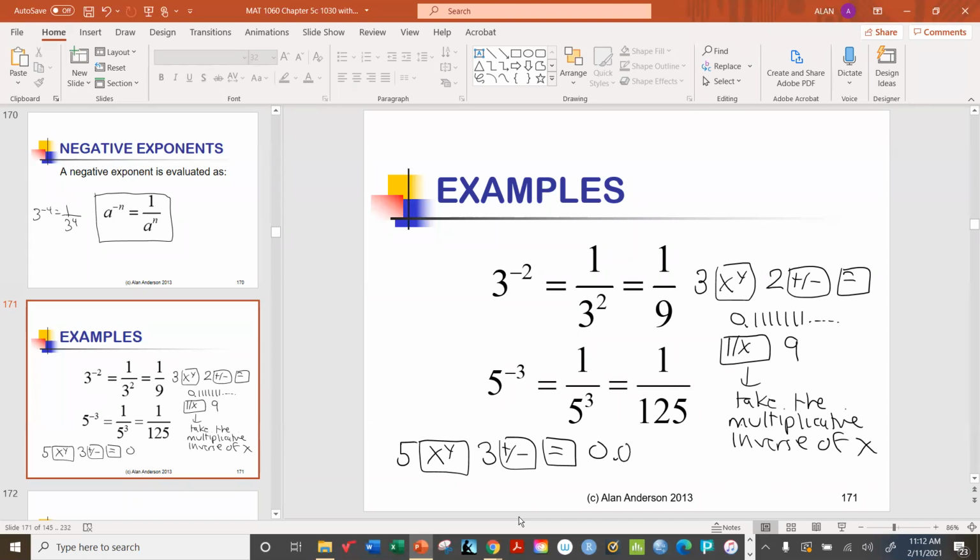And you might say, well, what is that the equivalent of? Once again, if you hit the 1 over x button, you'll get 125. So that is it's telling you that 0.008 equals 1 over 125.